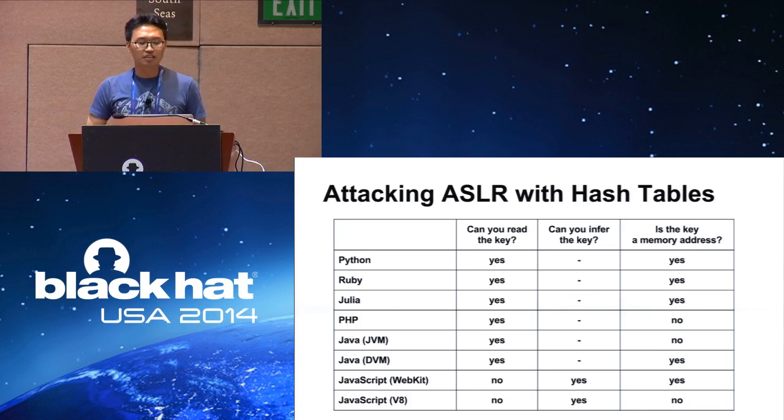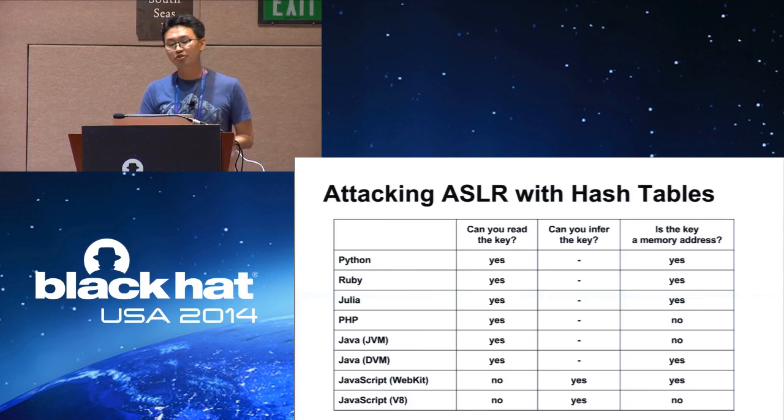In Java's case, there are largely two different virtual machines. One is the Java Virtual Machine, and the other is DVM in Android. In JVM cases, you can read the key, but it is not actually the memory address. It is just a random value. But the interesting thing is that we went to the source code implementation of the JVM, and what we found is that they have some different compile options.